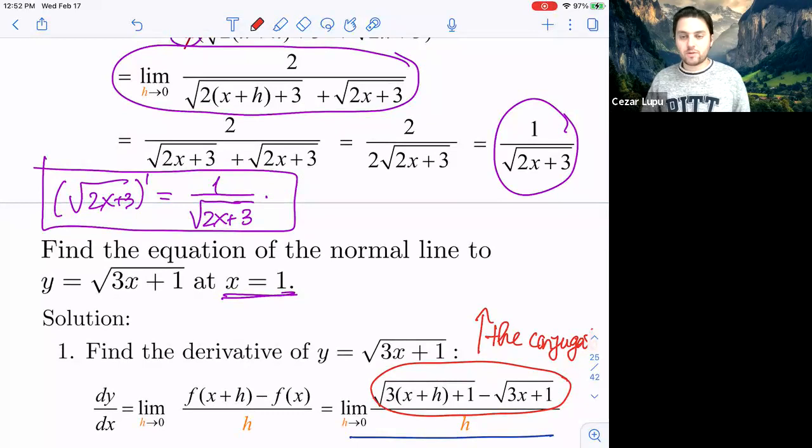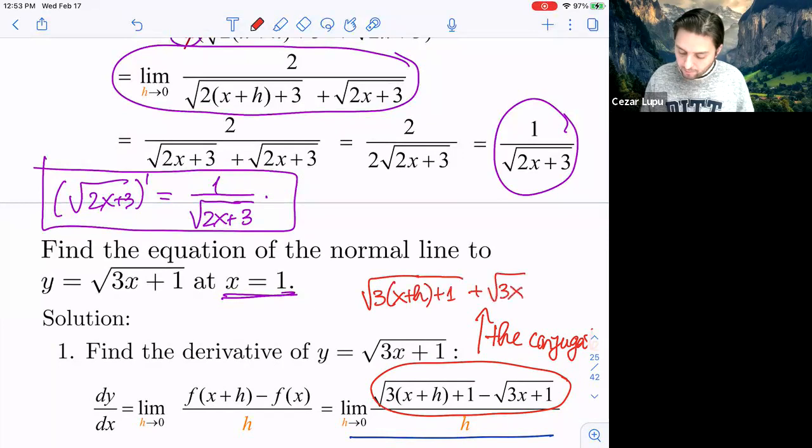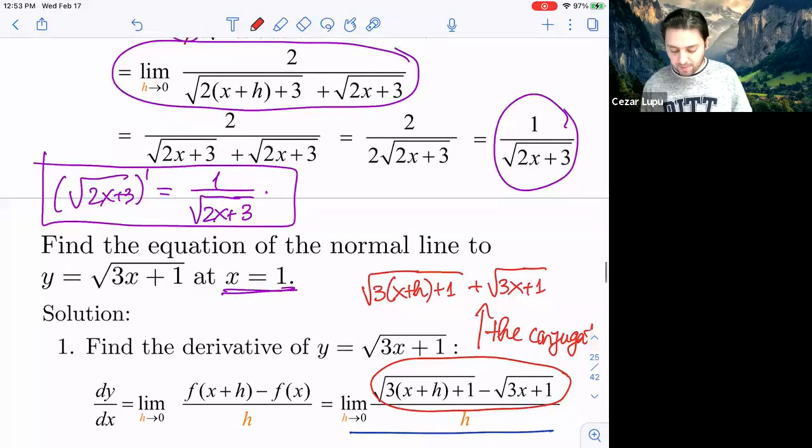So what is the conjugate of that difference of square roots? Exactly. It will be the square root of 3 times x plus h plus 1 plus the square root of 3x plus 1. So that is the conjugate. We're going to multiply and divide by this.